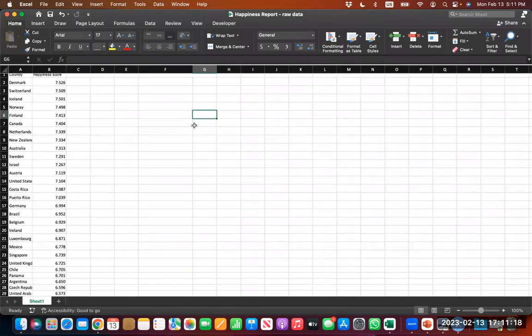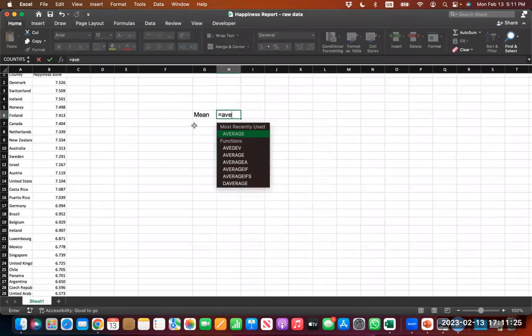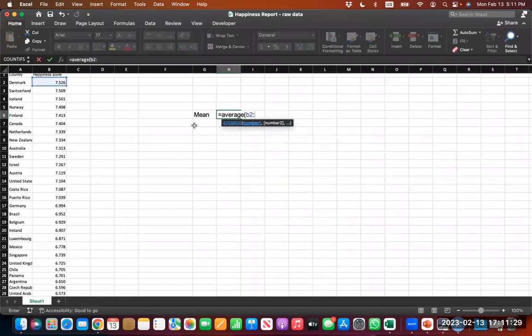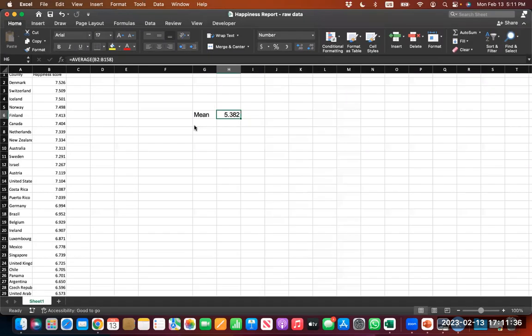And we want to quantify the mean. If we calculate a mean, this is nothing else but the average of B2 to B158. That's our mean. So the mean happiness in all these 157 countries is 5.382.